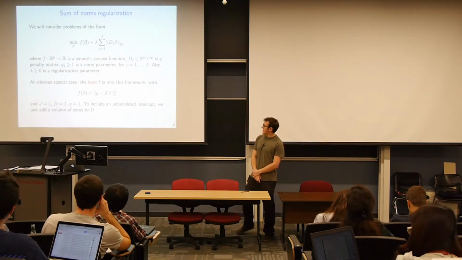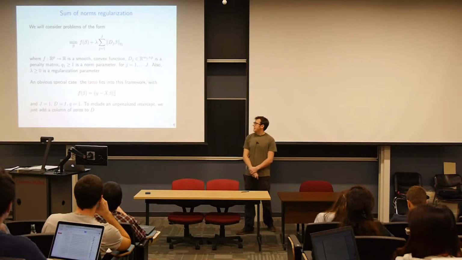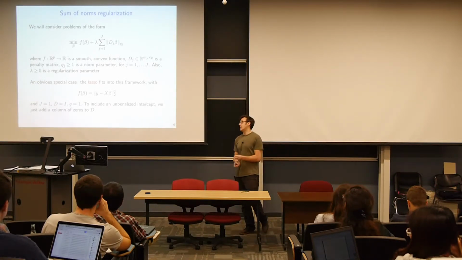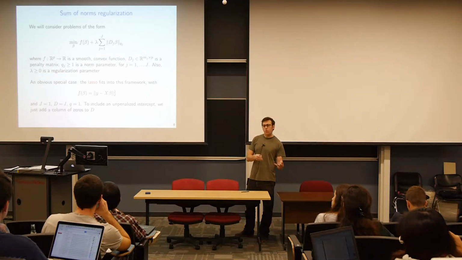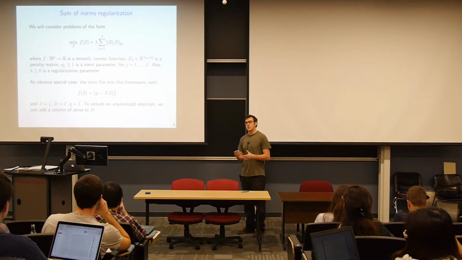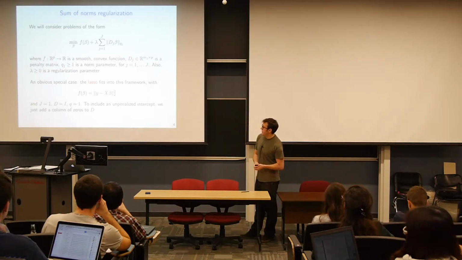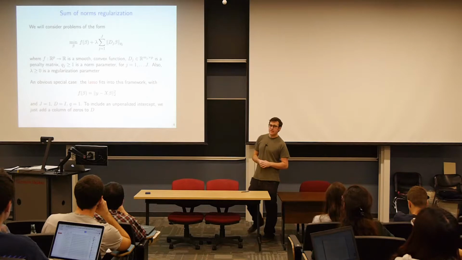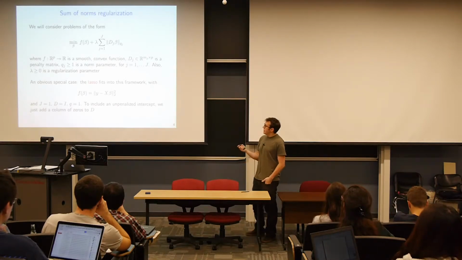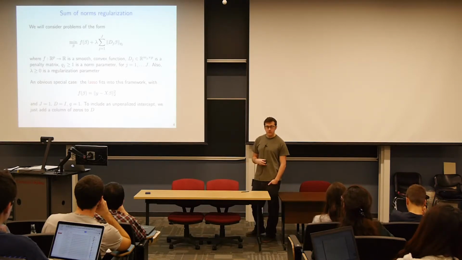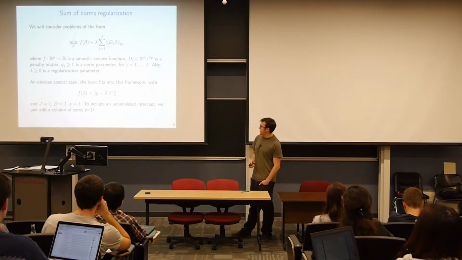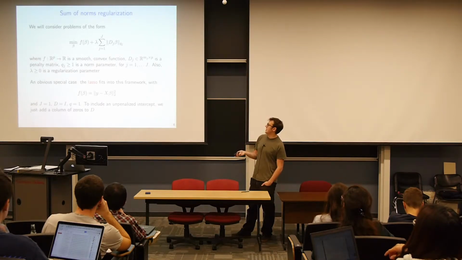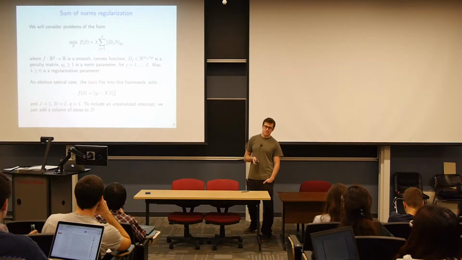Essentially, this is the basic framework for a lot of the examples, all the lasso variations that we've seen. And we're going to go through some more of those kinds of examples as part of these slides. So first of all, let's make it clear how this relates to the lasso itself. If we simply take f to be the least squares penalty, and we take D to be the identity matrix, with one group, j equal to 1, then we recover exactly the lasso penalty using the L1 norm.